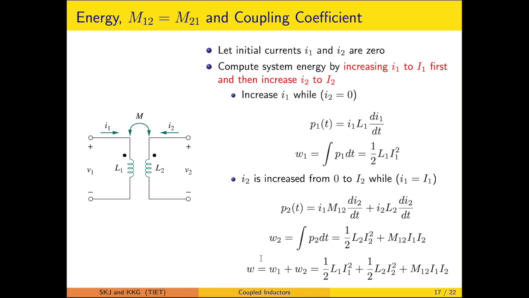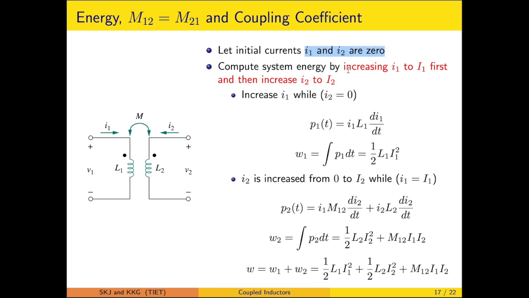Now, what has been discussed previously is that we considered M12 equal to M21 equal to M. So what is the rationale behind that? Let us prove it. Let us take the initial currents I1 and I2 both as 0.